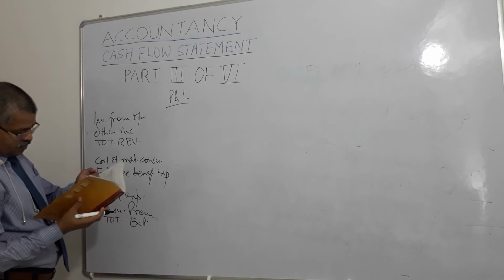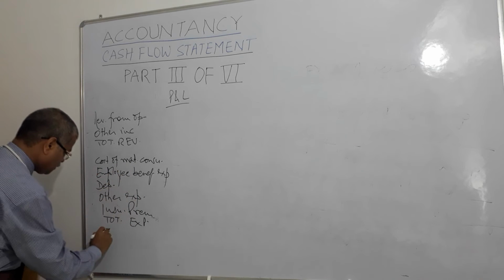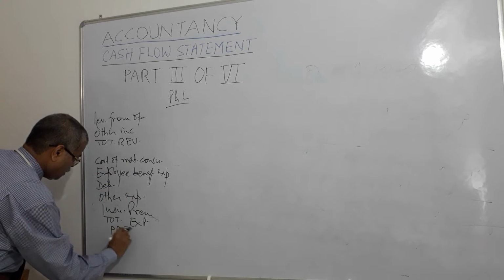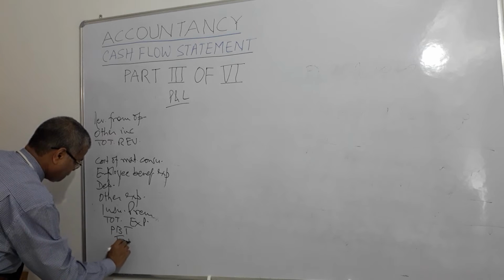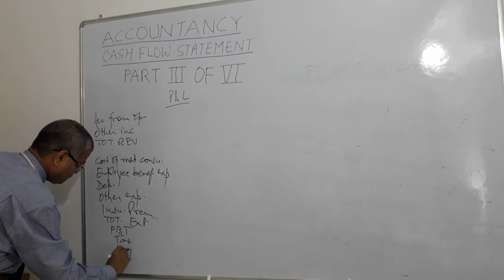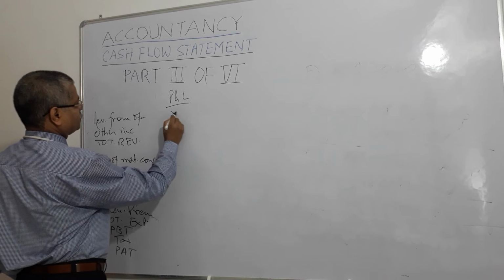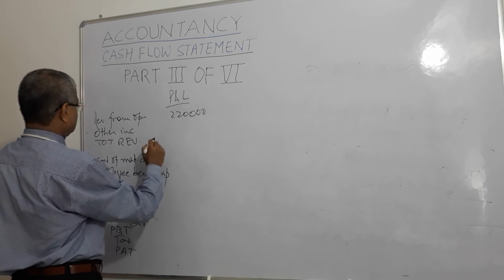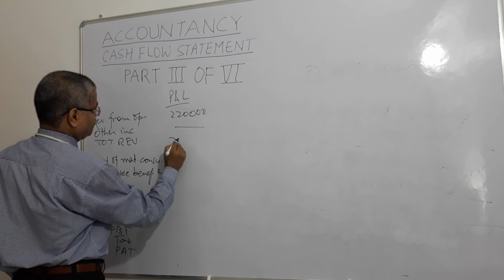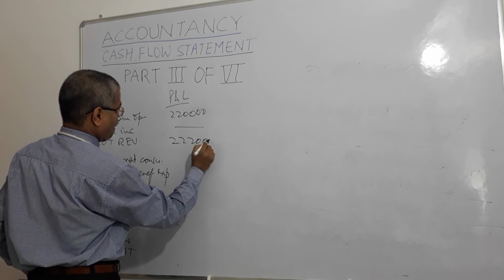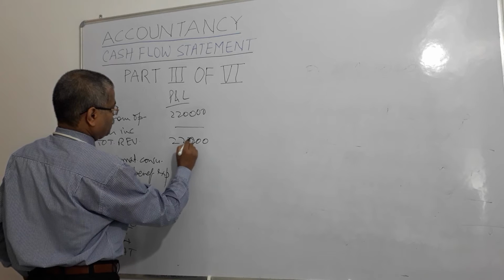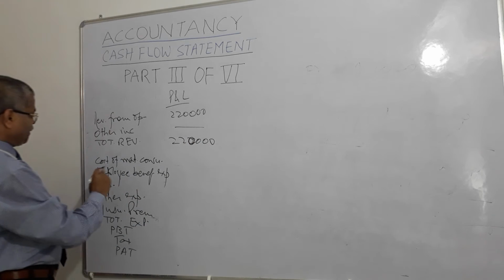So PBT, tax, PAT, right? Here revenue is 220,000, other income is nil, total revenue is 220,000.